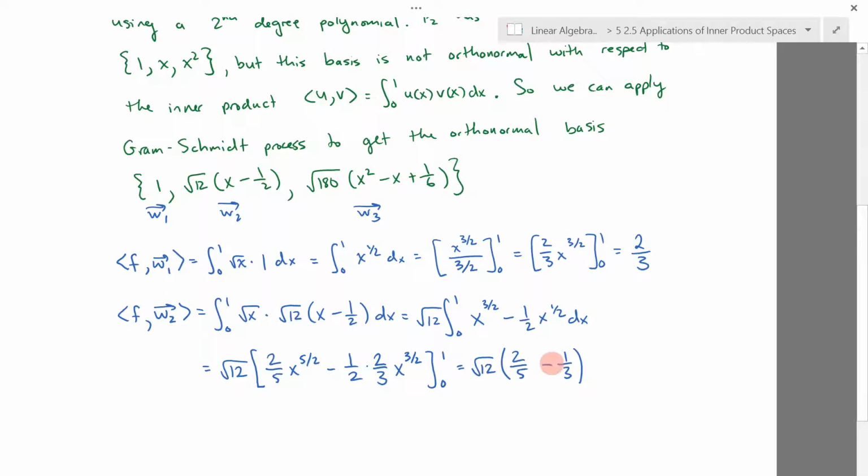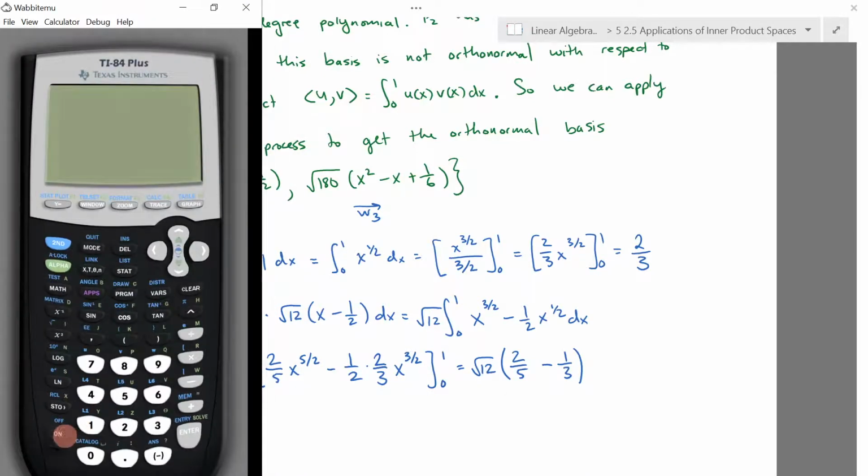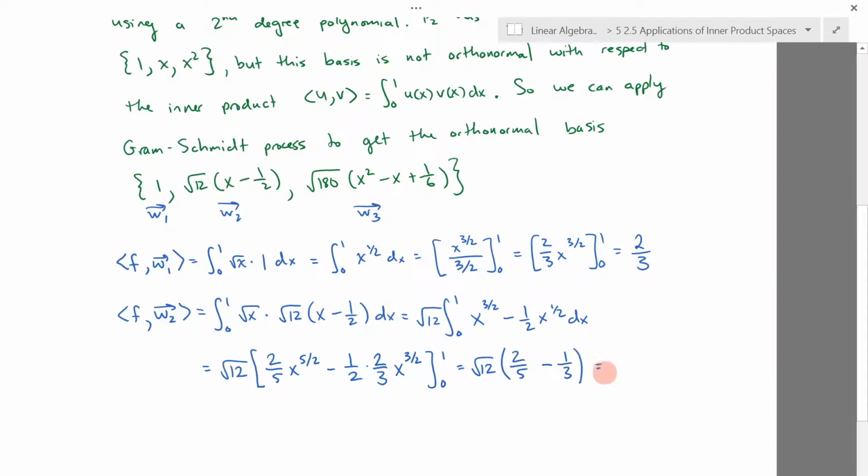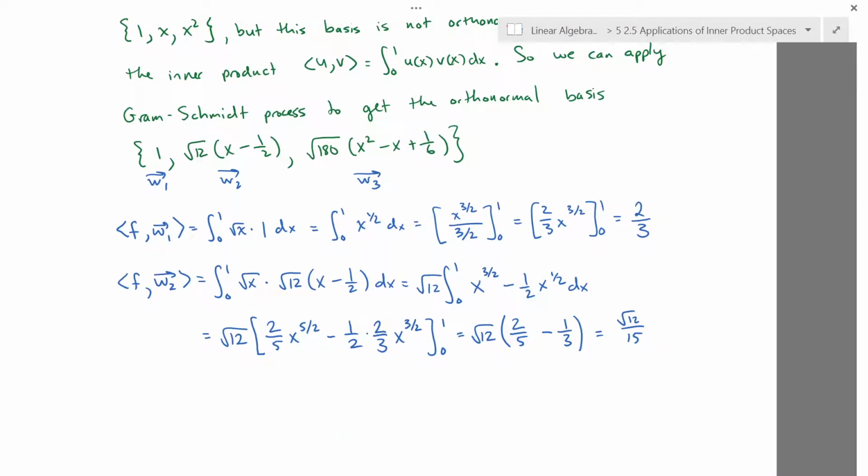Okay, so the result is this, and what is 2/5 minus 1/3? As a fraction, 2/5 minus 1/3 is 1/15. So this is square root of 12 over 15. Okay, so that's the second coefficient.